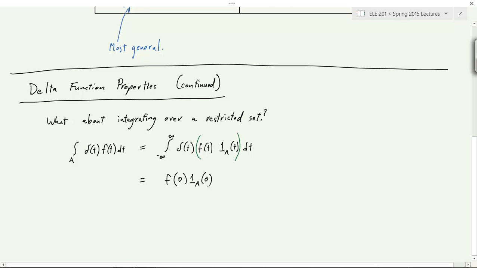Okay, which means I would like to make this more general. Let me just modify this example. Rather than having the delta function occur at 0, I'm going to make it a delta of t minus some t naught. So it's a shifted delta occurring at t naught. So then I'll change this one too. Okay, so we know the rule for shifting. That is, we just evaluate this function at t naught.